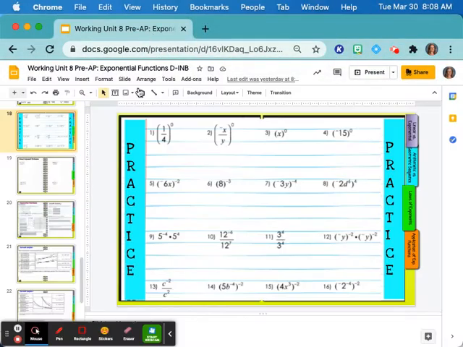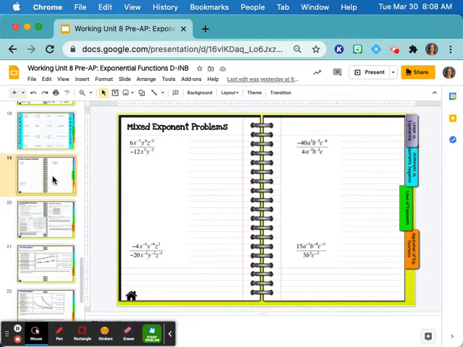So let's move on to slide 19. Open up your journal and let's do these mixed exponential problems. Woo! That looks fun.